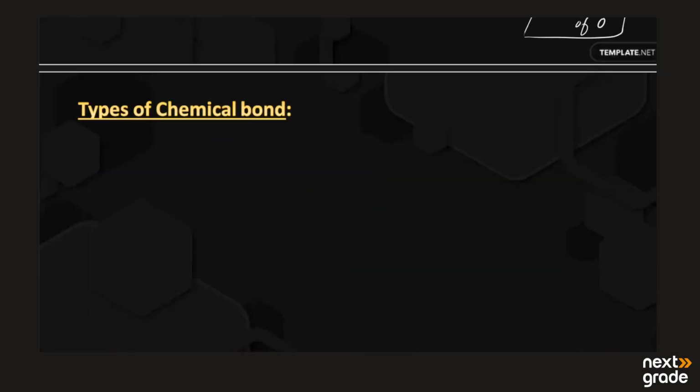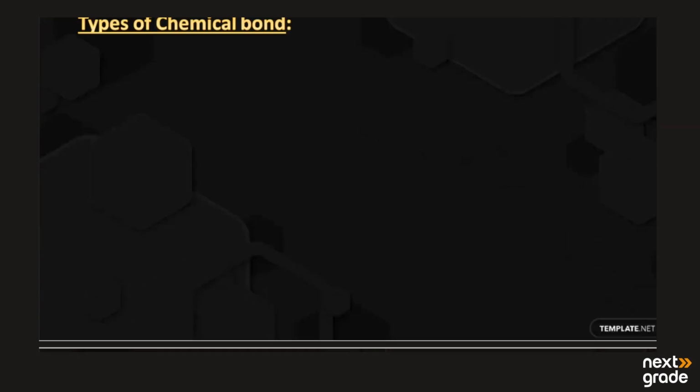Next we have the types of chemical bonding. Basically we have four types of chemical bonding. Number one, we have the ionic bond.